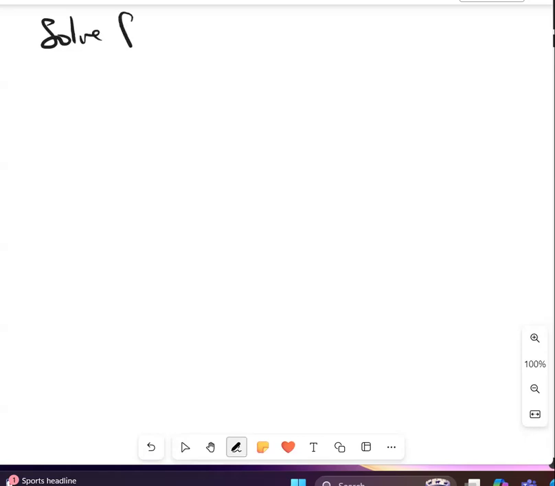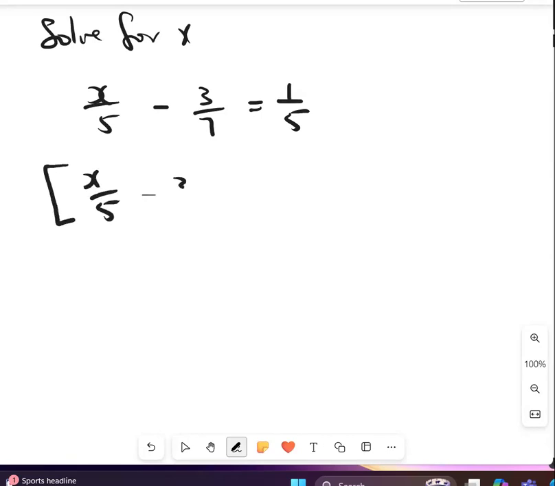Solve for x. x over 5 minus 3 over 7 equal to 1 over 5. There are several ways you can do this, and I'll do it more than one way. One way we can do it is to multiply everything by the LCM.